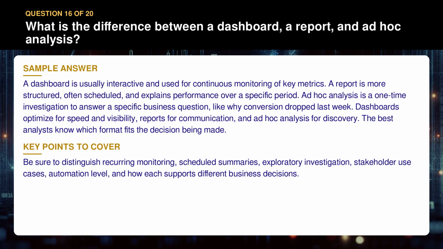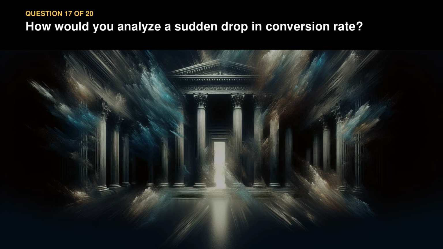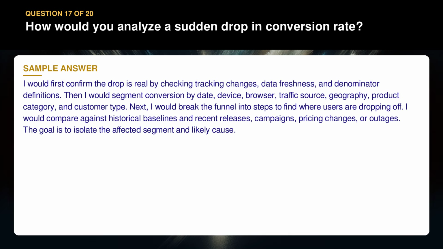business decisions. Question 17. How would you analyze a sudden drop in conversion rate? I would first confirm the drop is real by checking tracking changes, data freshness, and denominator definitions. Then I would segment conversion by date, device, browser, traffic source, geography, product category, and customer type. Next, I would break the funnel into steps to find where users are dropping off.